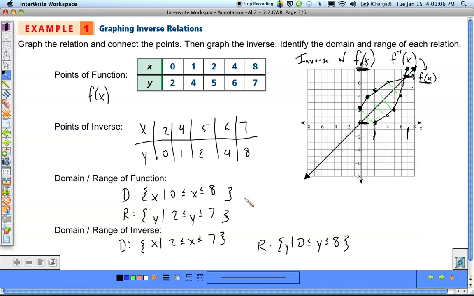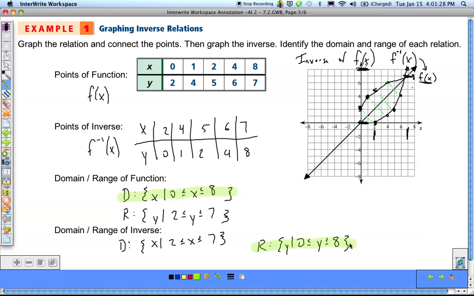If you take a look at what we wrote out for this one here and this one down here, we said to change from the function to the inverse function, all you have to do is switch the x and the y. Well, the domain is just a collection of x values. If we flip the x values and they now become the y, take a look at what our range is.